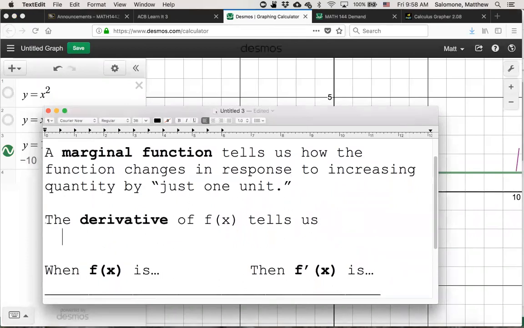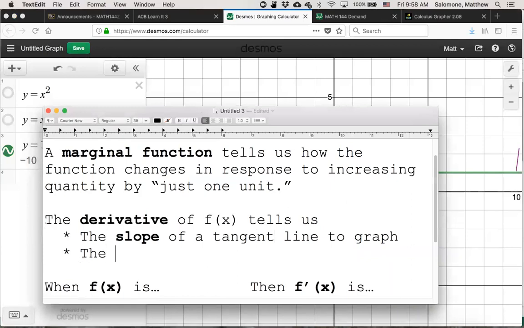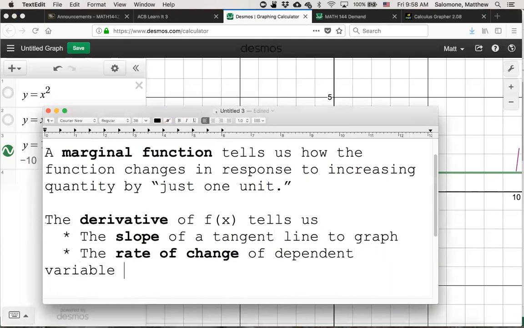Now we're pushing forward into thinking about derivatives as an abstract concept in calculus. It tells us the slope of a tangent line to the graph of our function, y equals f of x. It tells us the rate of change of the dependent variable per unit change in the independent variable. That takes us back to this marginal idea.